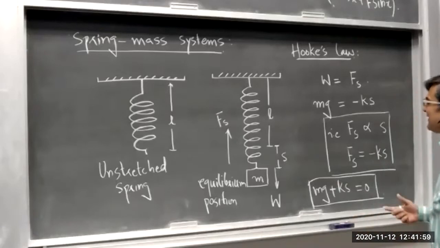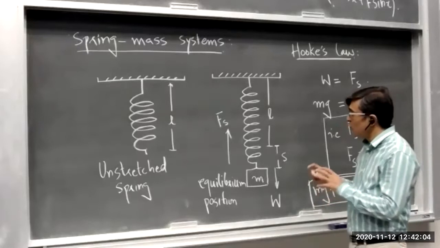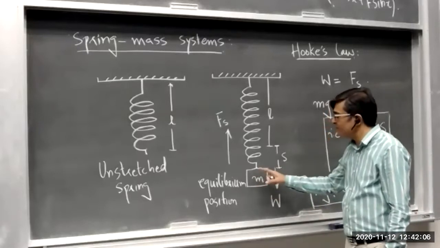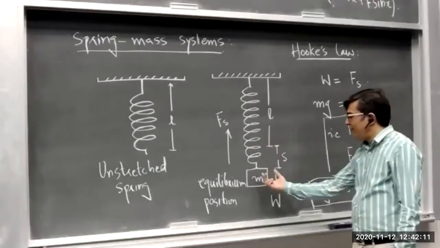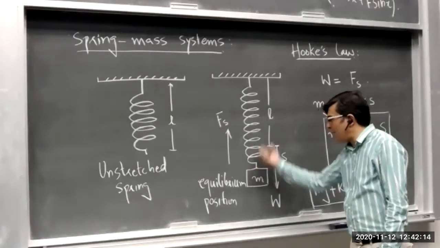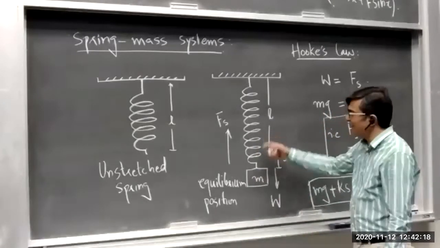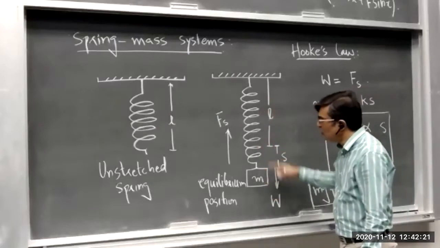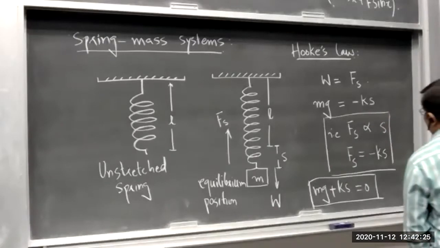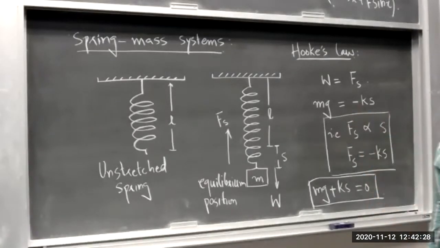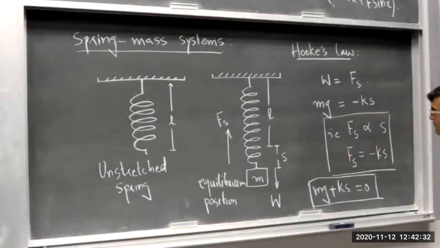In that situation, we can model the differential equation, the to and fro motion of this mass, using some physical laws, for example, Hooke's law and Newton's second law of motion.